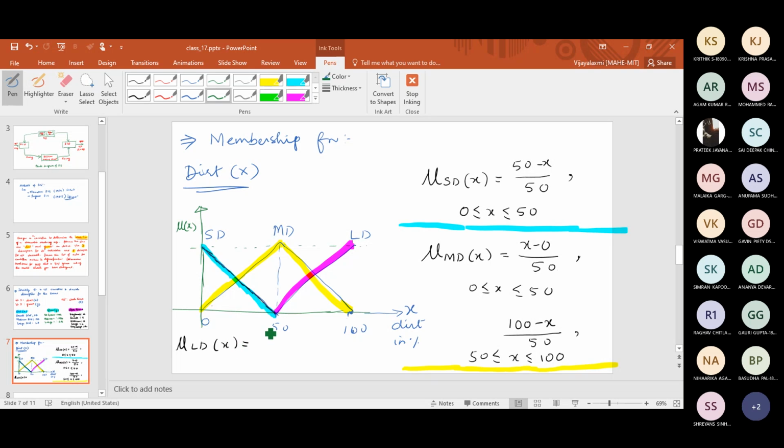So it is (x minus 50) divided by 50. The range is 50 to 100, x is between 50 and 100. So this is the expression for large dirt, this is for medium dirt, where we have two cases, and this is for small dirt.